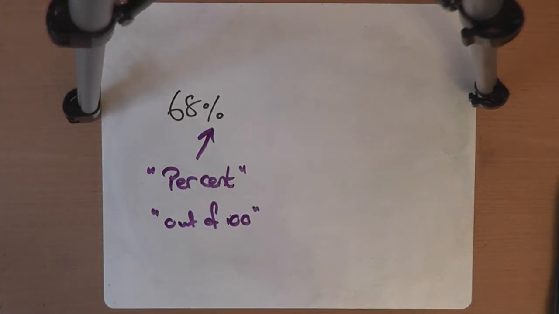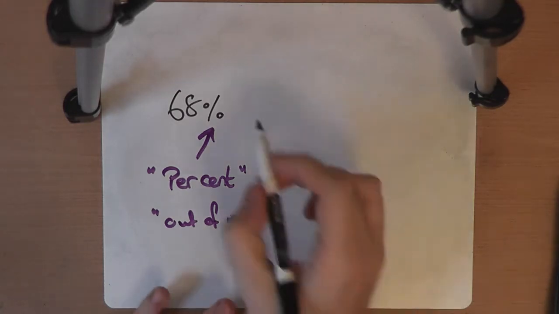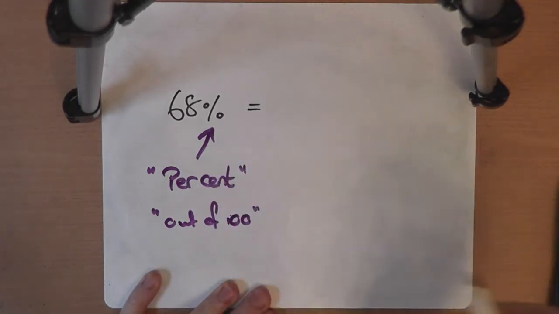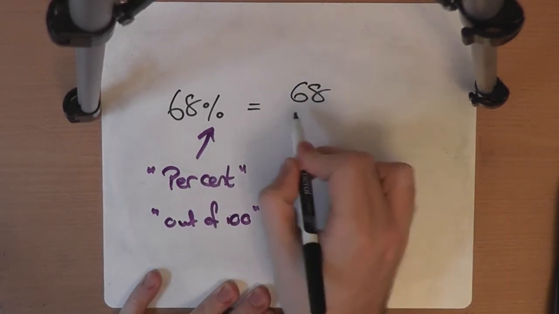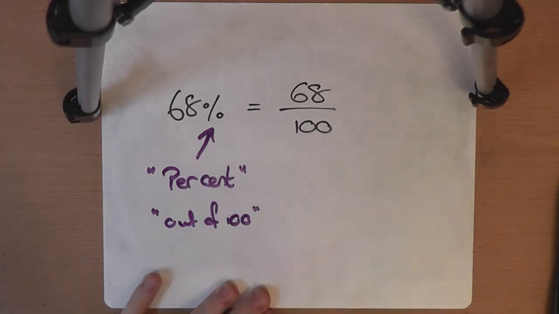This is 68 out of 100. Now, how else could we write this idea of 68 out of 100? Where else have we seen a presentation that means out of? And look at that, it's fractions again. Surely 68%, 68 out of 100, is just 68 over 100.